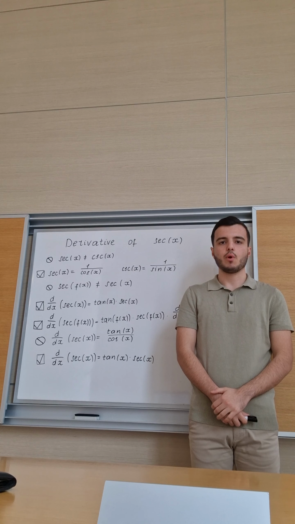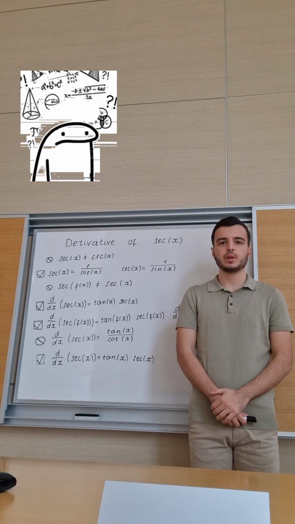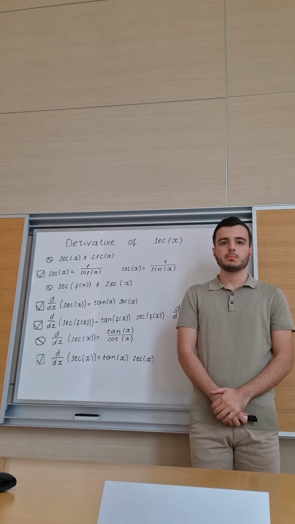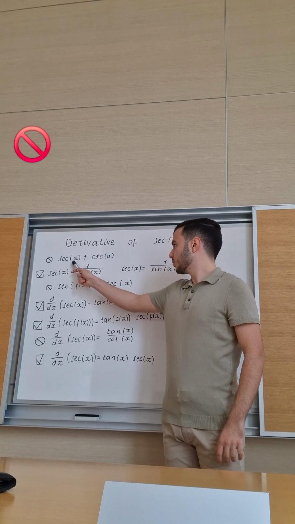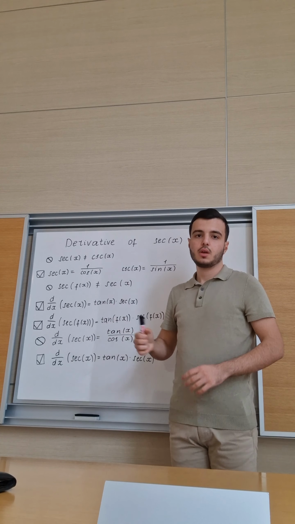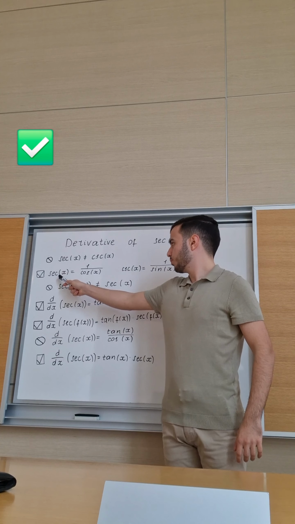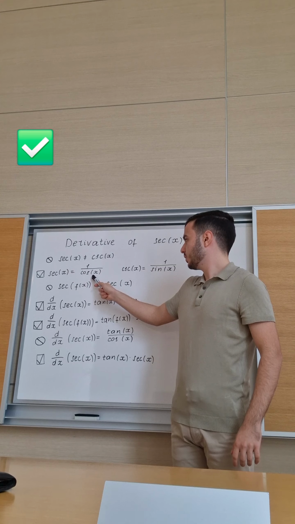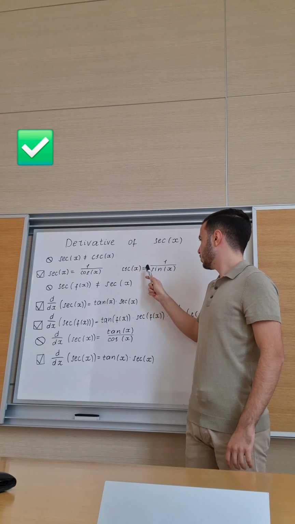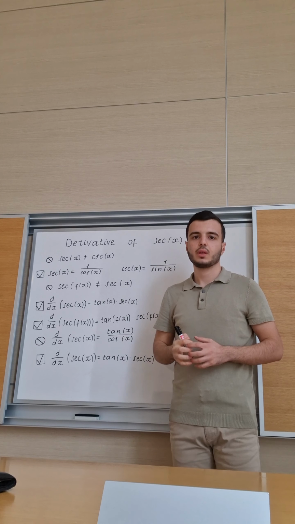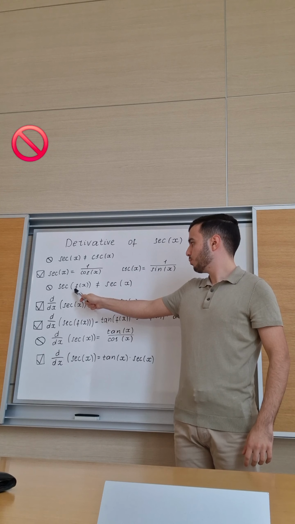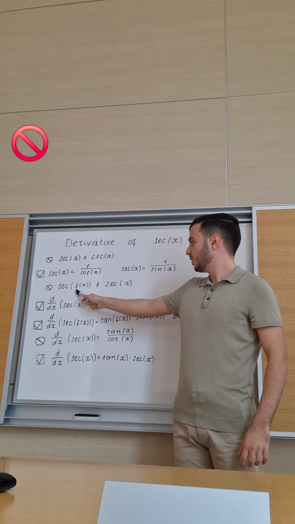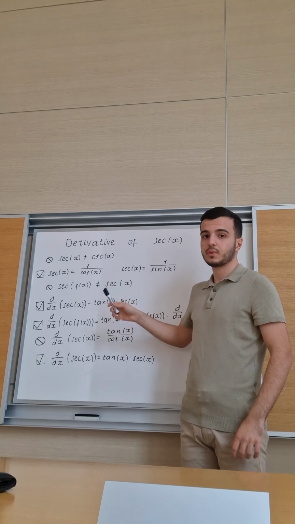Let me quickly go over some common mistakes people make with secant of x. Mistake number 1 is mixing up secant of x and cosecant of x. Remember, secant of x is linked with cosine x, cosecant x is linked with sine x. Mistake number 2 is forgetting to use the chain rule when it's secant of f of x instead of secant of x.